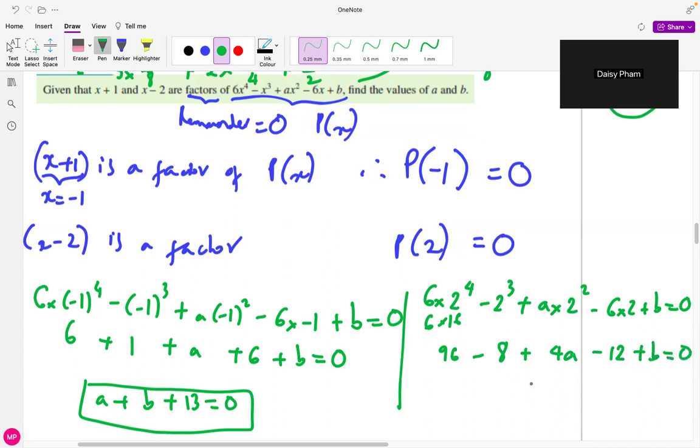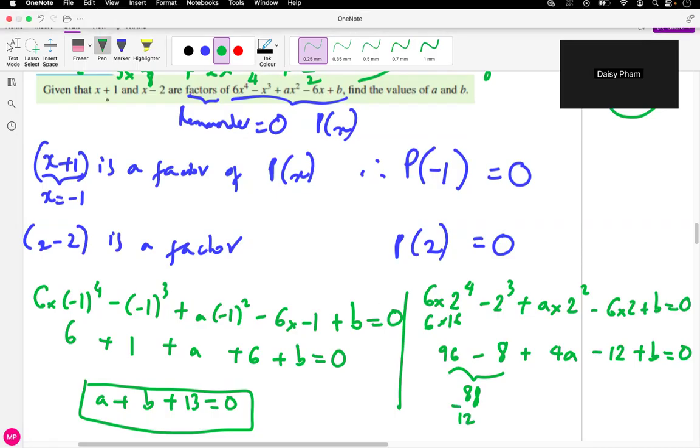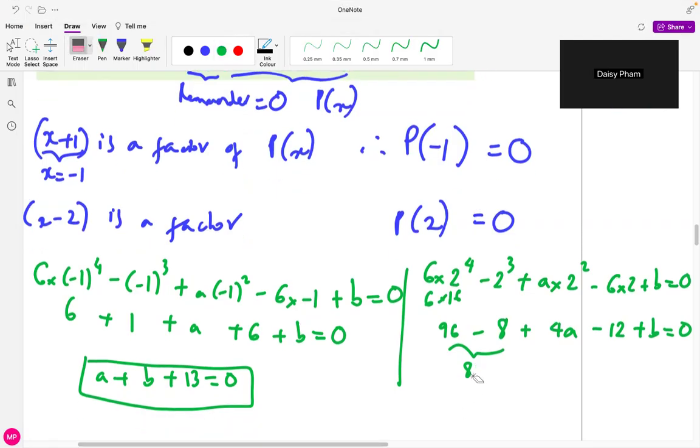So 96 minus 8 is 88, 88 minus 12 is 76. So you have 4a plus b plus 76 equals 0.